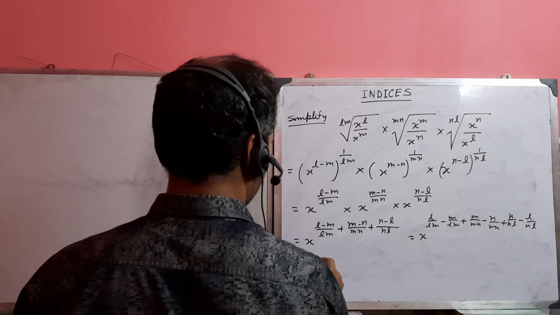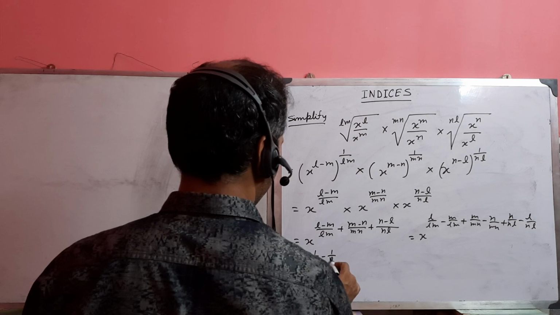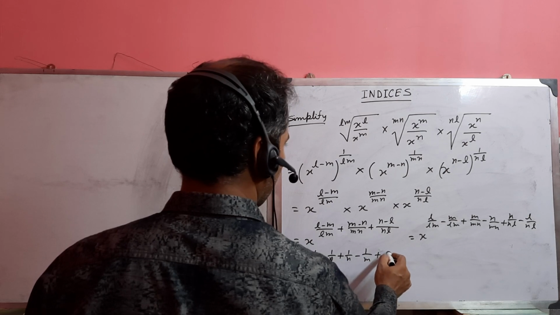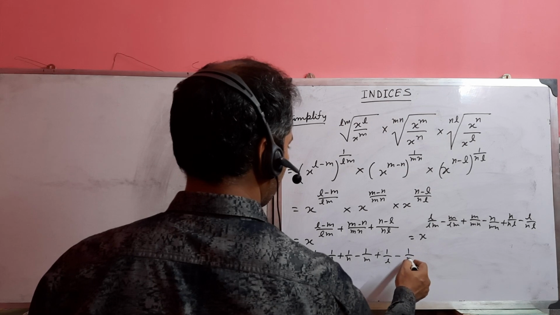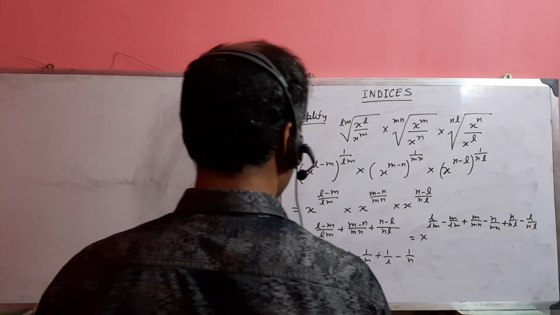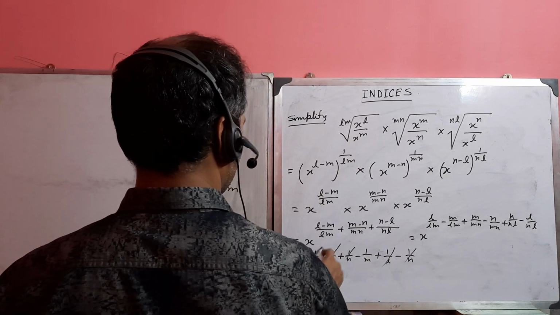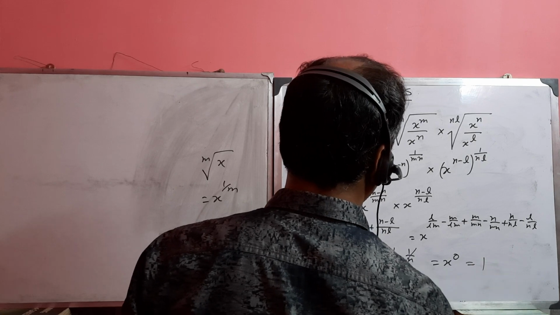So x to the power 1 by m minus 1 by l plus 1 by n minus 1 by m plus 1 by l minus 1 by n. By cancellation, 1 by n and 1 by n, 1 by l and 1 by l, 1 by m and 1 by m, this becomes x to the power 0. So the final answer is 1.